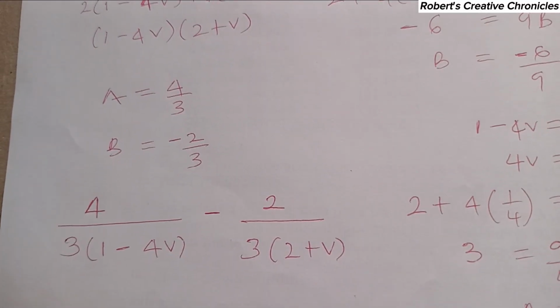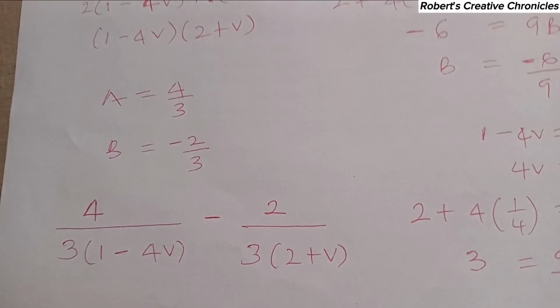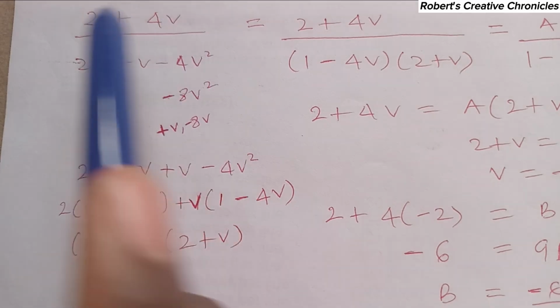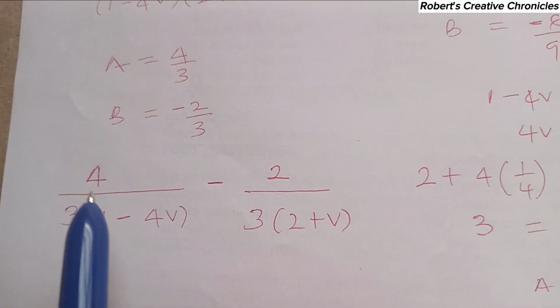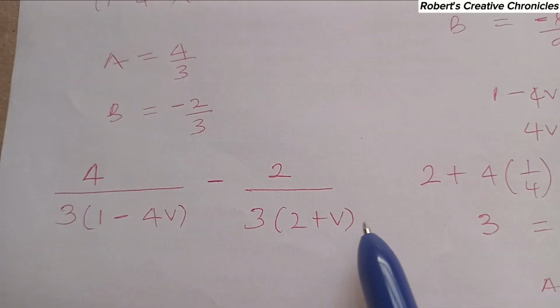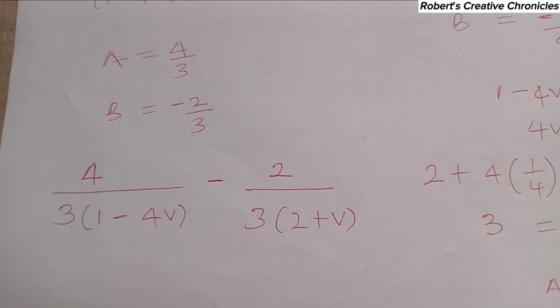This is what the term will give us, and if you solve this term, you should get back the original term. So now this has been expressed in terms of partial fractions: 4 over 3, 1 minus 4v, minus 2 over 3, 2 plus v. This is the term we are going to integrate now. Now let's go and integrate this.